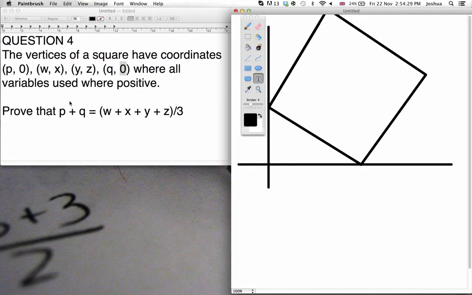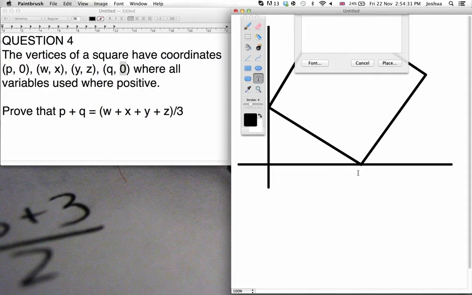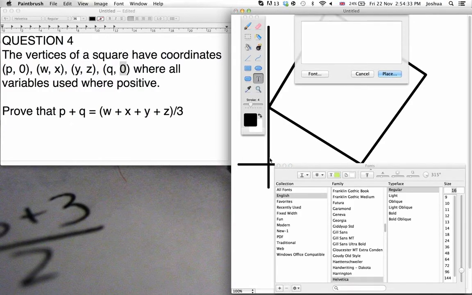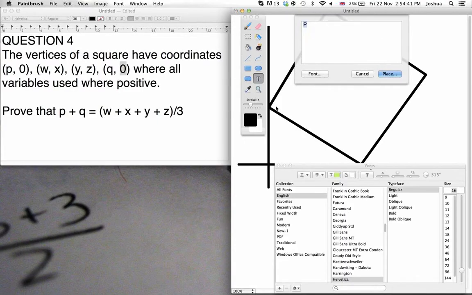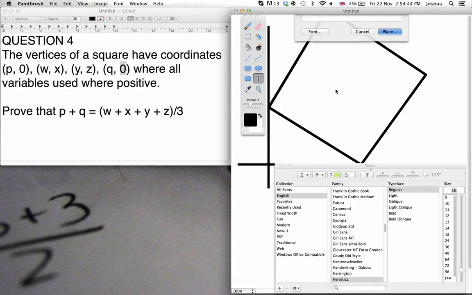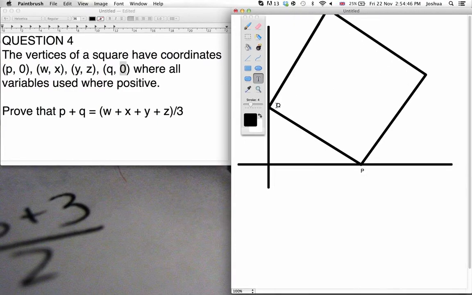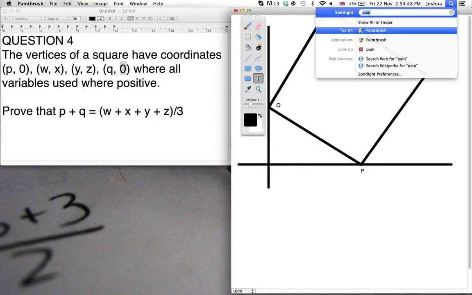So we know that a point P is obviously on the horizontal axis because there's y equals 0. So we know point P must be here. And we know that point Q must go there. And we need to prove something. So let's get another text edit out.